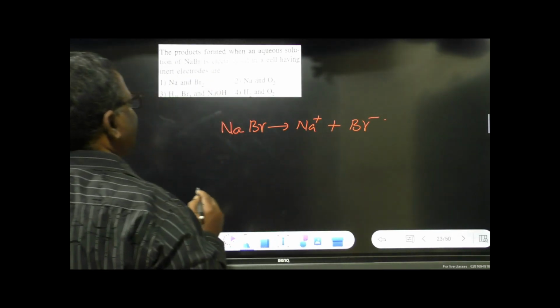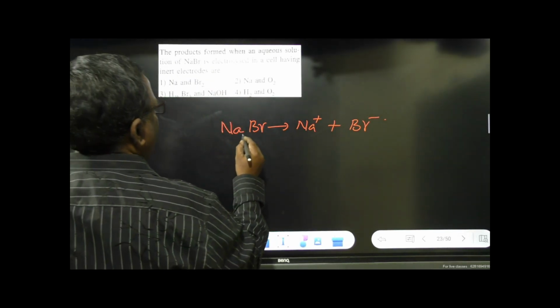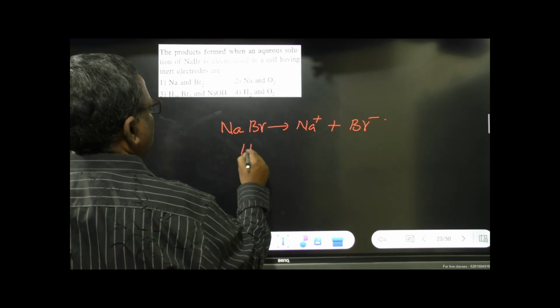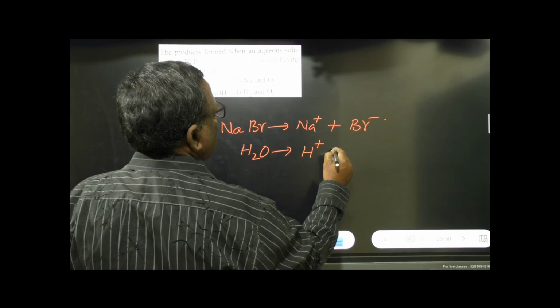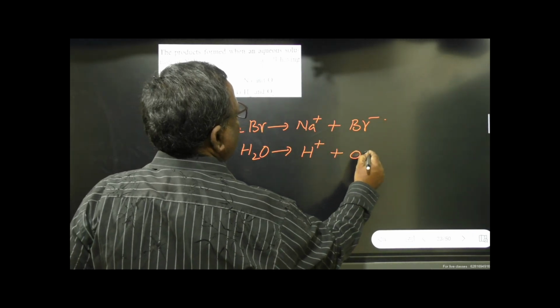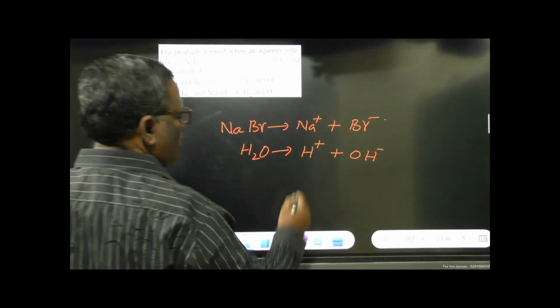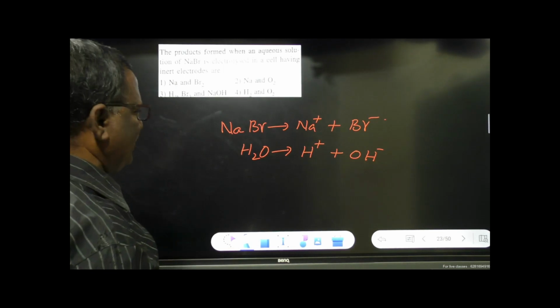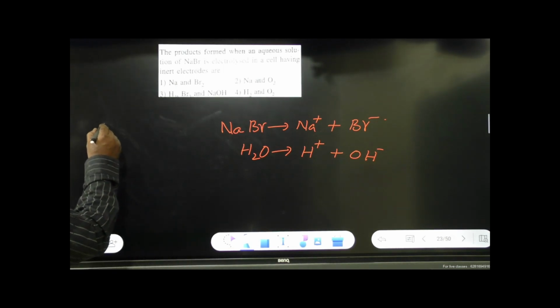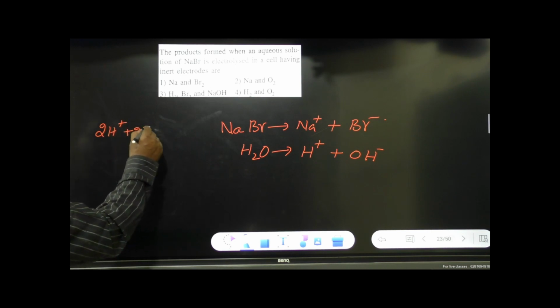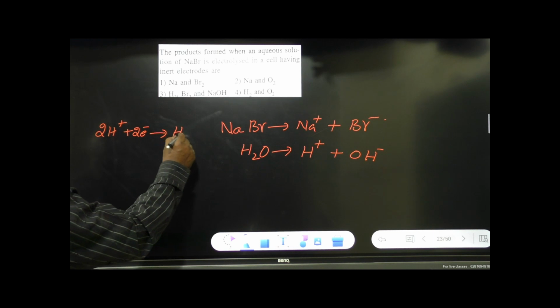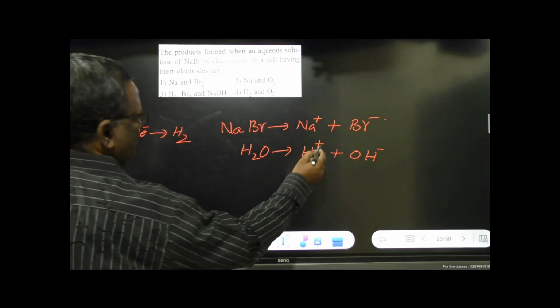Now we have an aqueous solution, which means we have H2O, so H+ ions and OH- ions. Now out of Na+ and H+ ions, H+ ions are preferably discharged. That means 2H+ plus 2e- gives H2. So H+ ions are removed.